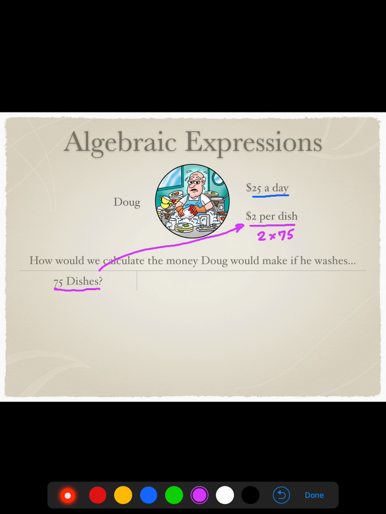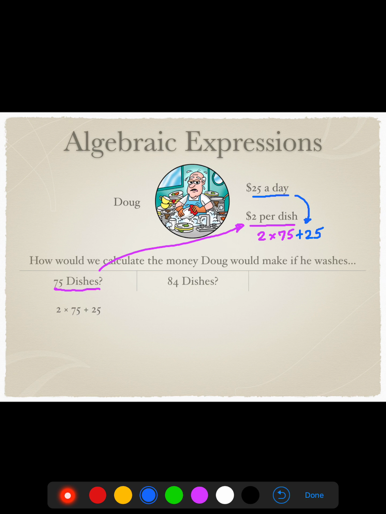He washed 75 dishes, so you'd have to multiply that. But what you also have to keep in mind is that he still earns $25 a day, so you have to add that on top of your total there. So that's the expression we would use to calculate how much money he would make if he washes 75 dishes. Now notice I didn't figure out the answer. I'm just thinking about the process and figuring it out.